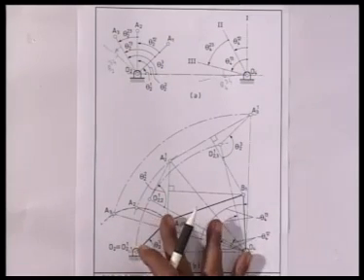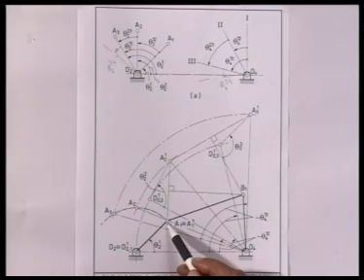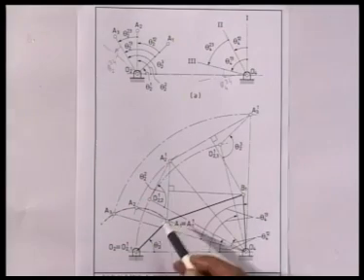So for four position synthesis, I cannot choose A1 arbitrarily. How to carry out such a four position synthesis by the point position reduction technique will now be explained with the example.